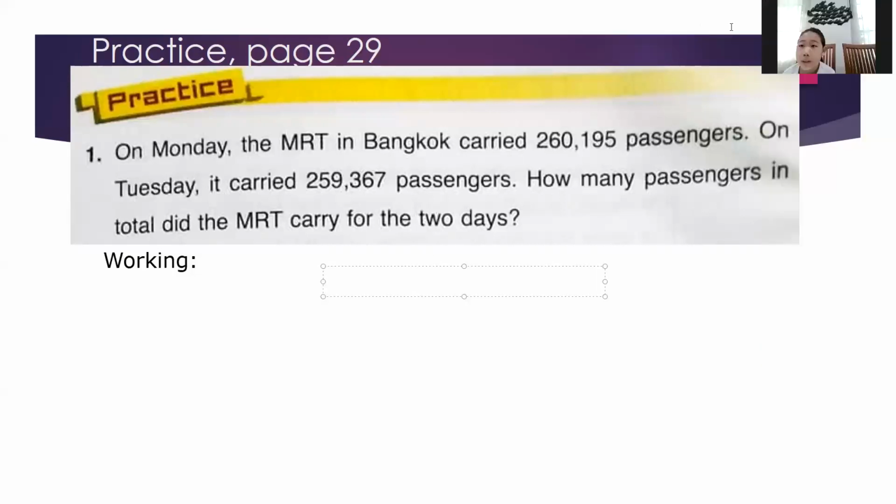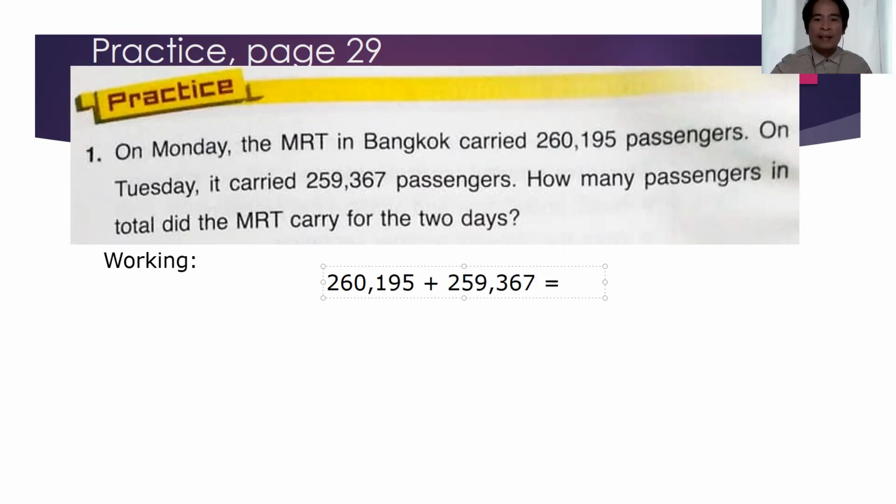What's the number? 260,195 plus 259,367 is equal to blank, right?